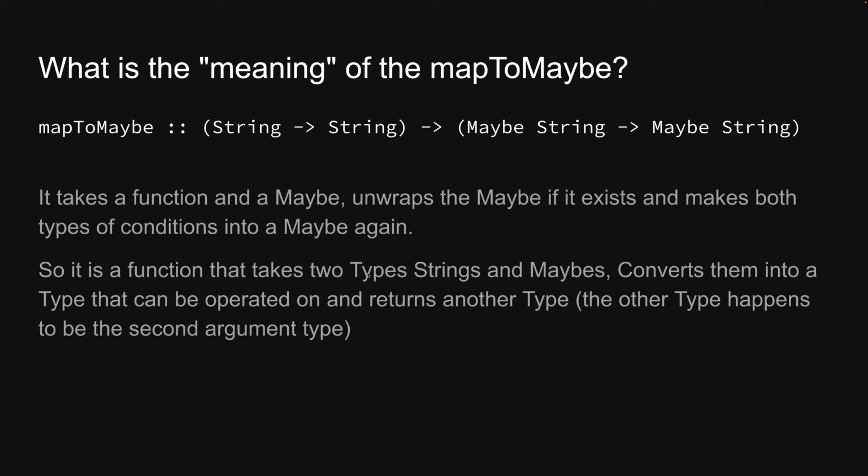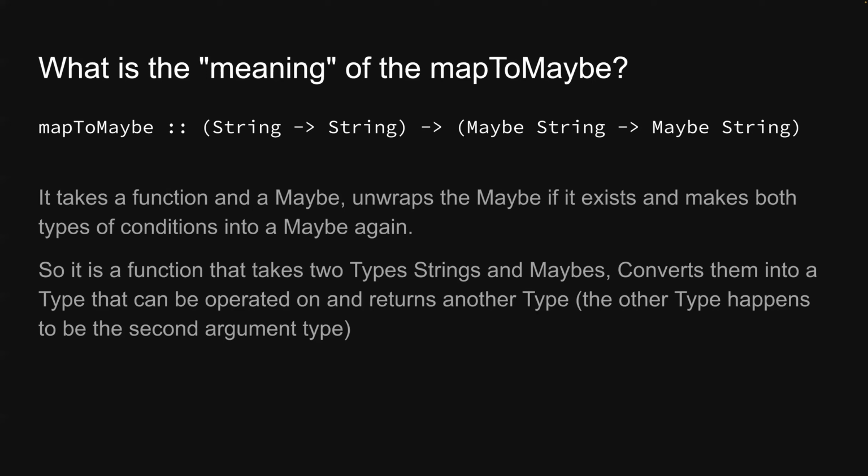And so what you're doing is converting types, right? You're making it so that you can apply something to two things that are initially different types, but because of applying this map to maybe, you're able to join the two into one type.